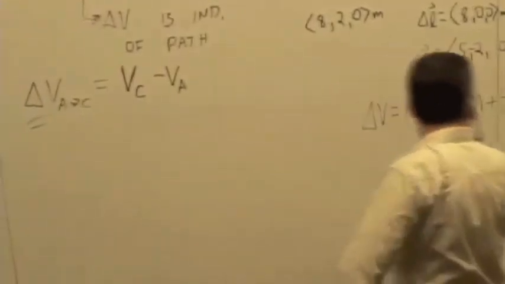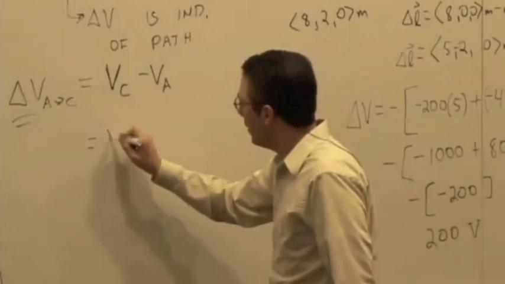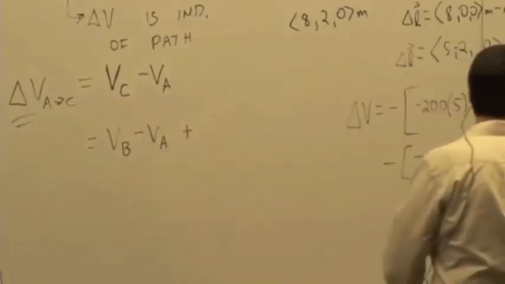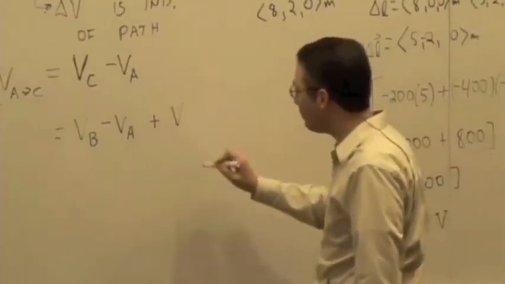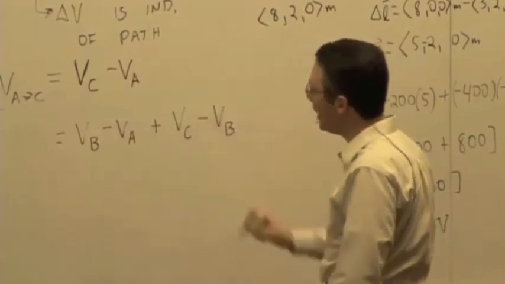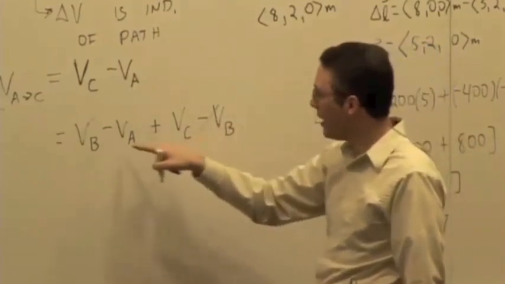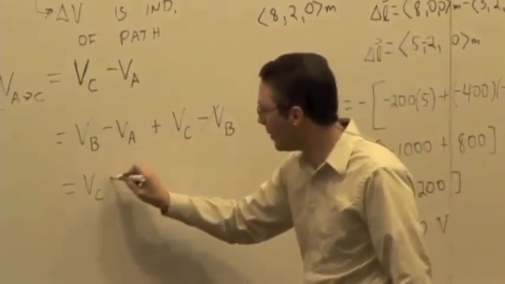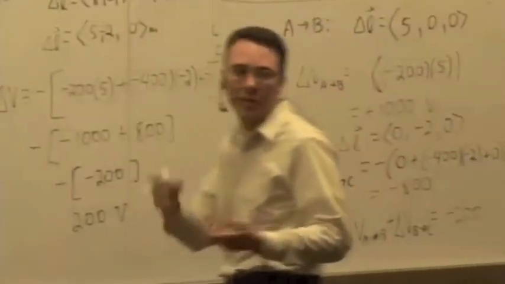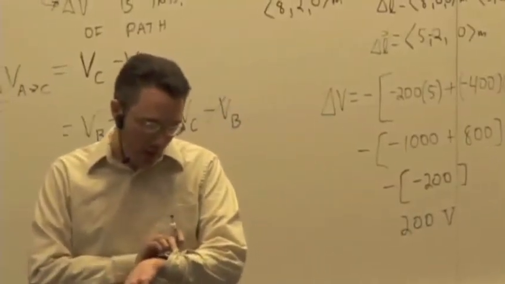So if I add these two pieces together, I can say VB minus VA plus VC minus VB. VB will cancel out. We have positive and negative. And I have VC and a negative VA here, so I get back VC minus VA. Okay, so that tends to suggest that, again, you can do this adding up of the paths and get the same result. Okay. All right.